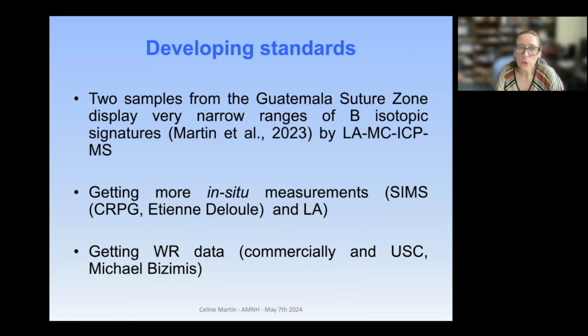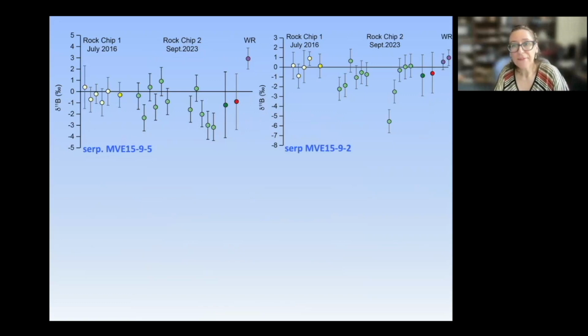So we decided to analyze them both as bulk and to get in situ data by SIMS, to see if we get good agreement. These are the data: two chips of the same rocks that have been analyzed in situ by laser ablation. I'm still waiting for the SIMS data, it's a work in progress. And those are the bulk data we obtained.